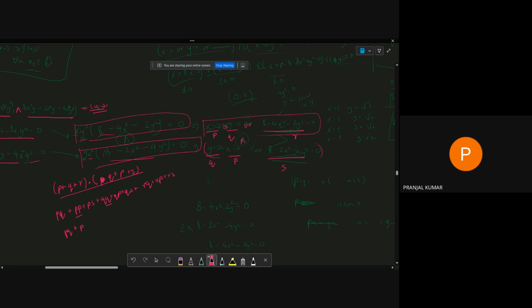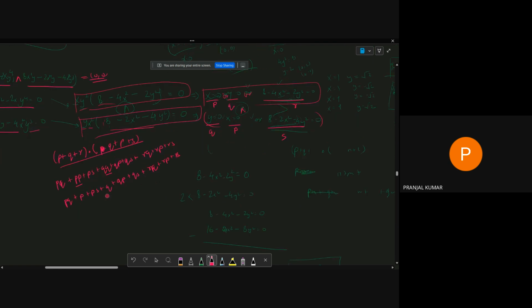Is there any other? Q, there is q plus ps plus q plus qp plus qs plus rq plus rp plus rs. Now see, whenever you see some single q, and you see there are some other terms which have q in front of them, and similarly for p, whenever you see some single p, try to collect them.